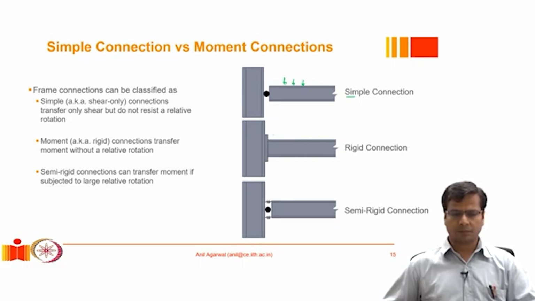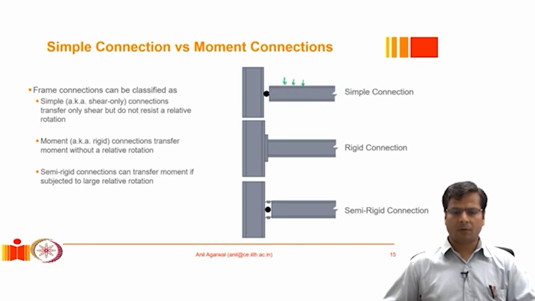Now, a simple connection is meant to transfer all this load to the column without restricting the rotation of the beam here. So basically the expectation is that when these loads are applied and the beam wants to deflect, the beam would be allowed to deflect as if it was a simply supported beam. So it would deflect and it would even rotate at the ends without having its rotation restrained by the support here.